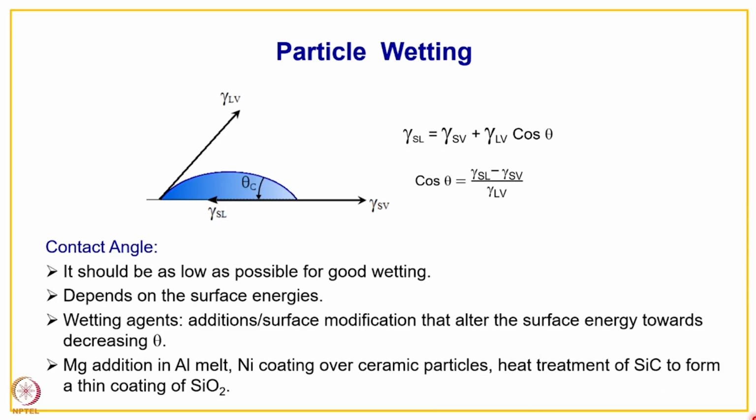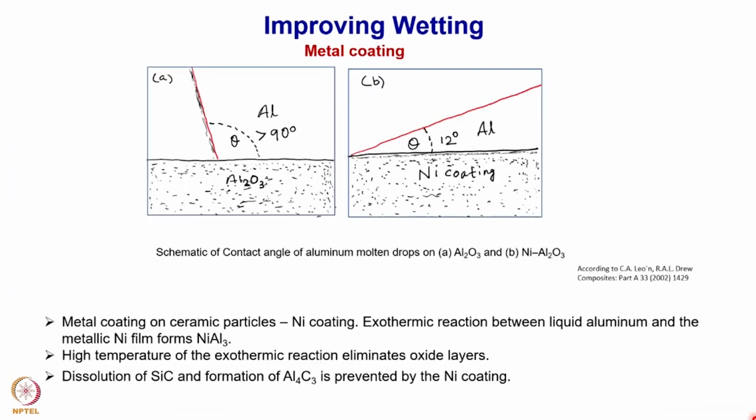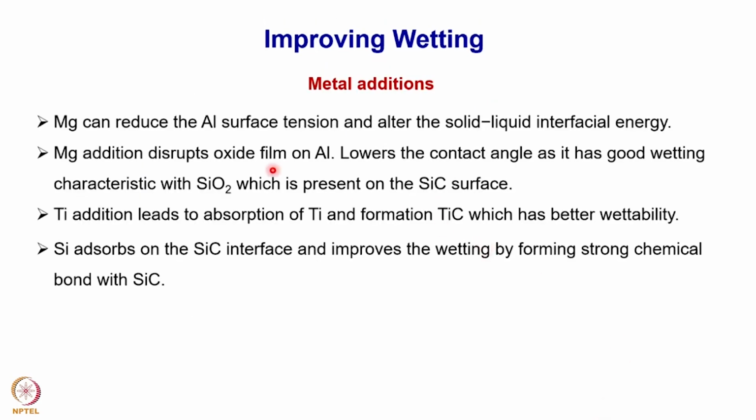There are certain things which can be done to improve the wetting between the reinforcement and the metal. These are metal coatings. A metal can be coated over the ceramic particles, and since metals will have better wettability with aluminium, this will improve the bonding between the ceramic particles and the metallic matrix. Then you can also have additions of some metals such as magnesium, titanium and silicon.